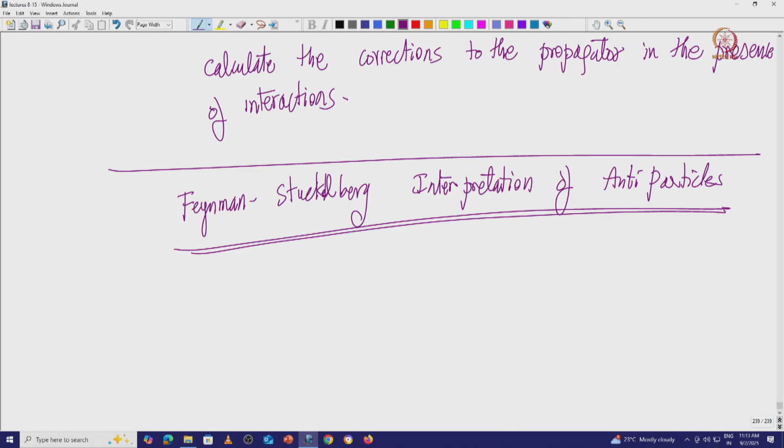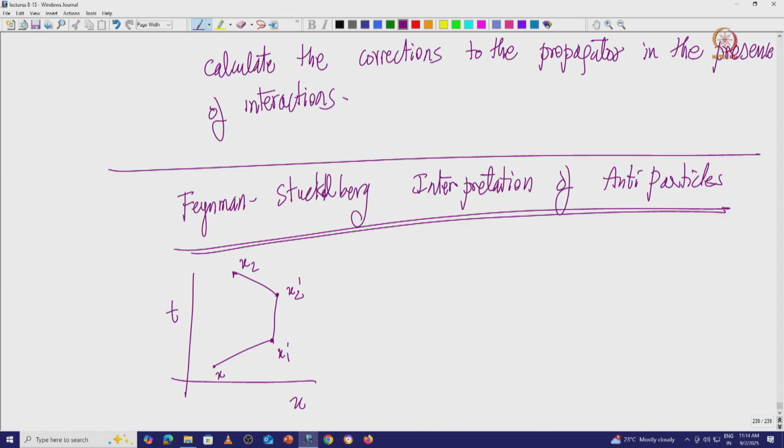If you look at an x and t space time plot of any particle, a particle travels from here, then here, next travels like this. It always travels forward in time, because any particle will always have to travel forward in time.